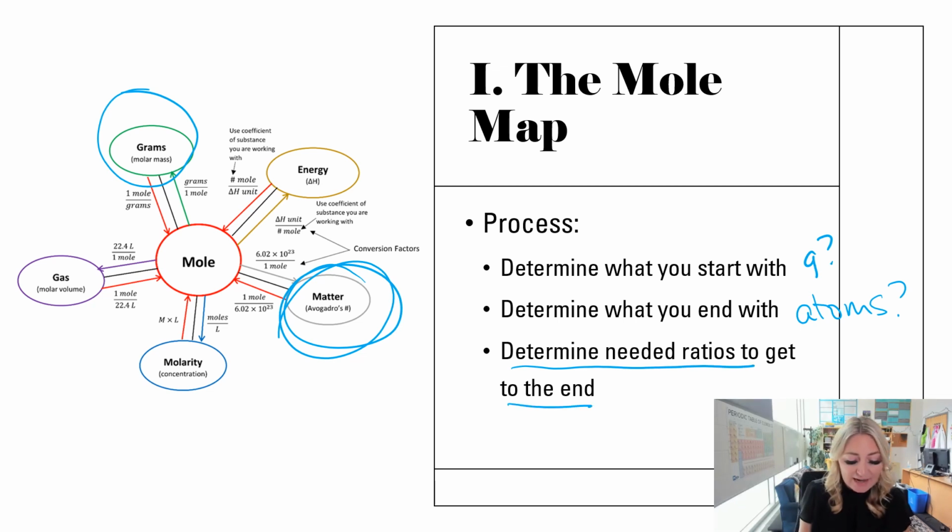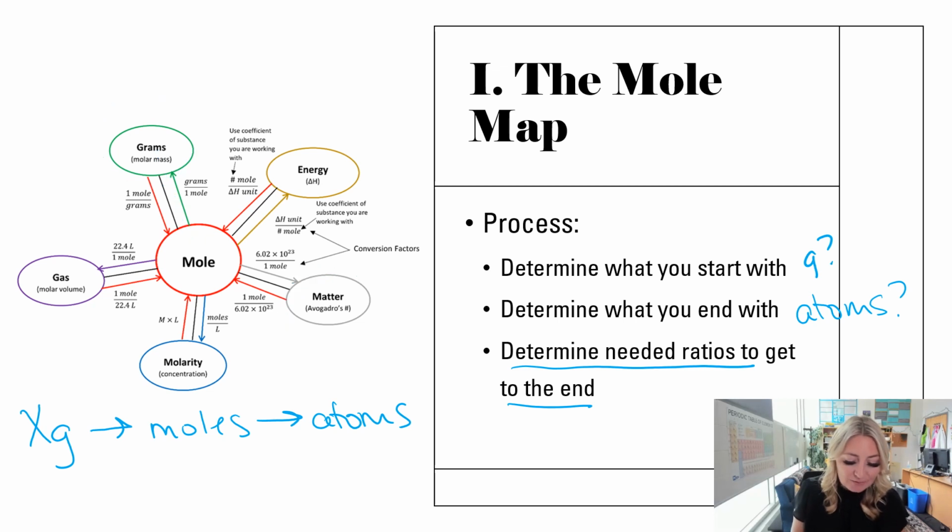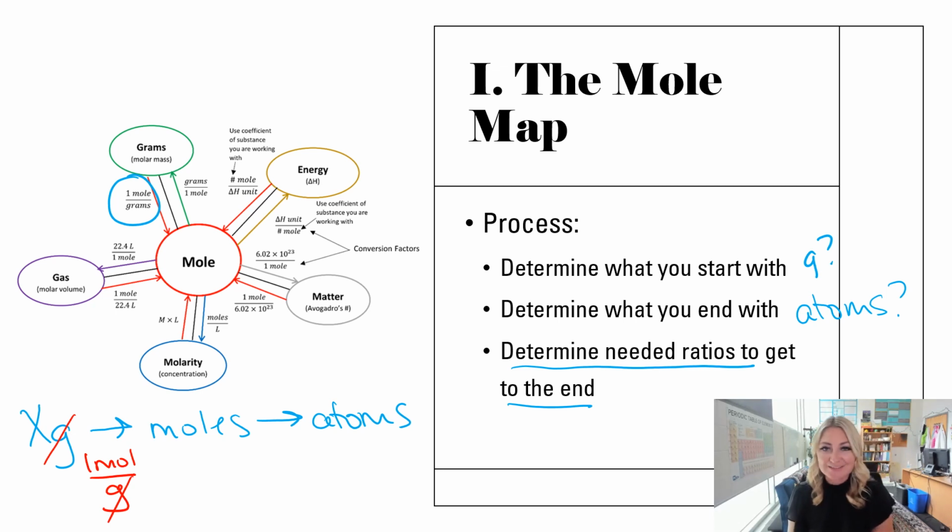So let's just say I have grams and I do my unit map and they want me to go to atoms of a substance. There is no direct route, so instead I'll have to go from grams to moles and then moles to atoms. So on this path, I'll have to use this conversion factor first, and that's going to be 1 mole of a substance over the grams of the substance to cancel out grams.